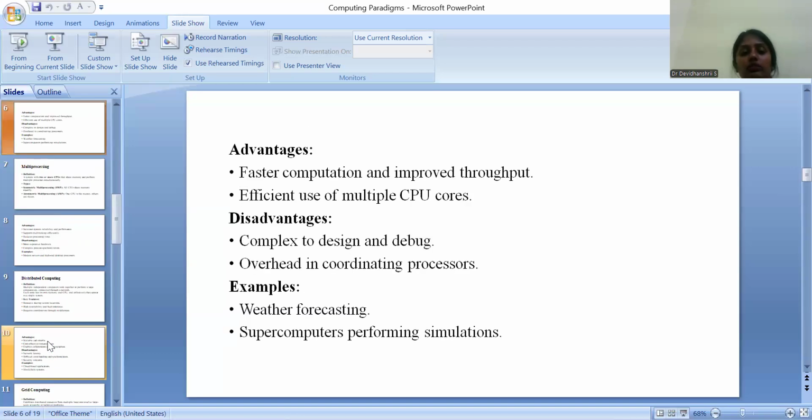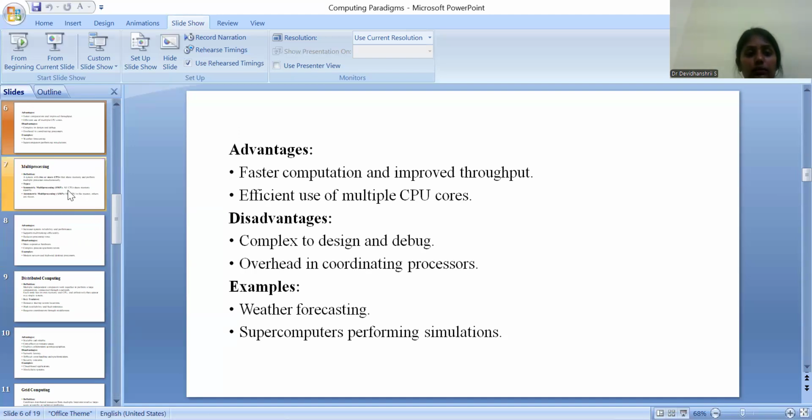Advantages are faster computation and efficient use. Disadvantages are that it is complex to design and debug, and there is overhead in coordinating processes.